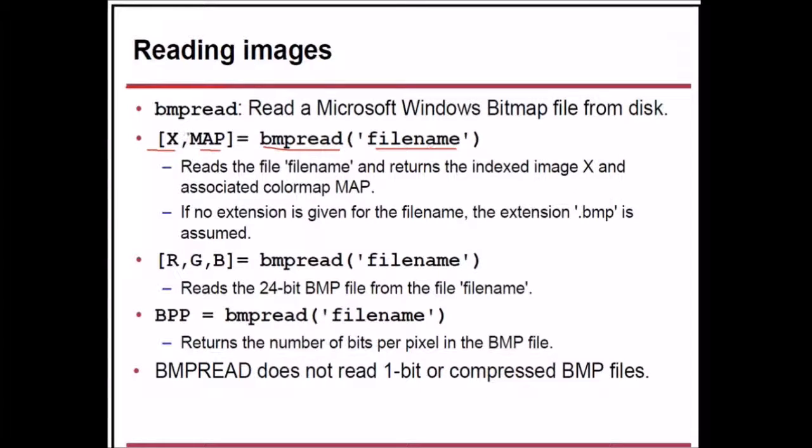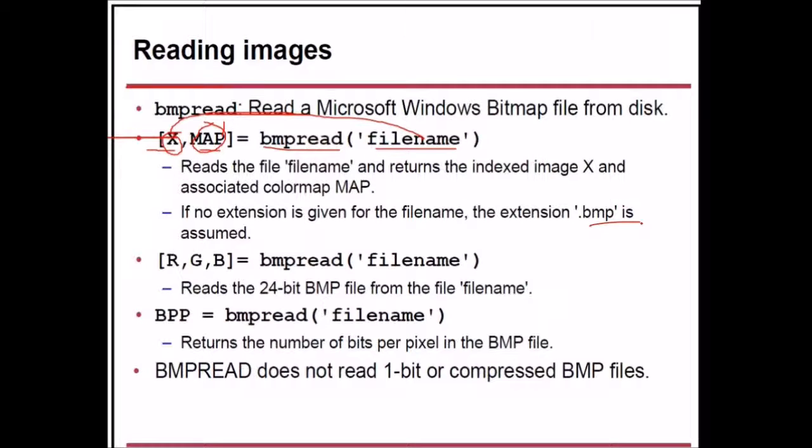So the file content goes into X and the color map goes into the map. If no extension is given for the file name, the extension .bmp is assumed.